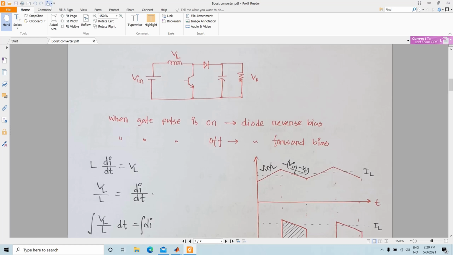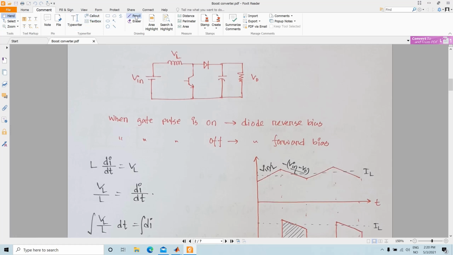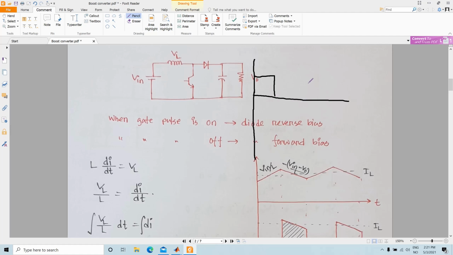So if I write it here, so this is the time when our switch is on, and this is the time when the switch is off. This is the time again when our switch is on, and during the time when the switch is on, our inductor voltage, or VL, is equal to Vin.